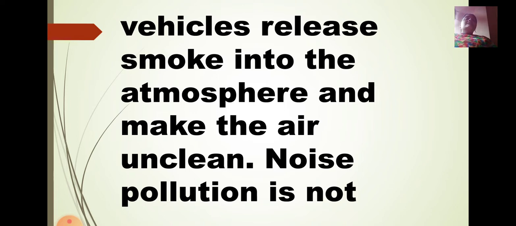The air itself becomes dirty, and when you breathe that bad air, you tend to fall sick. You may get breathing problems, or problems like asthma. All these things happen when the air is dirty in the surrounding. So the smoke which is released from the vehicles is not good for the atmosphere, and that is called air pollution.